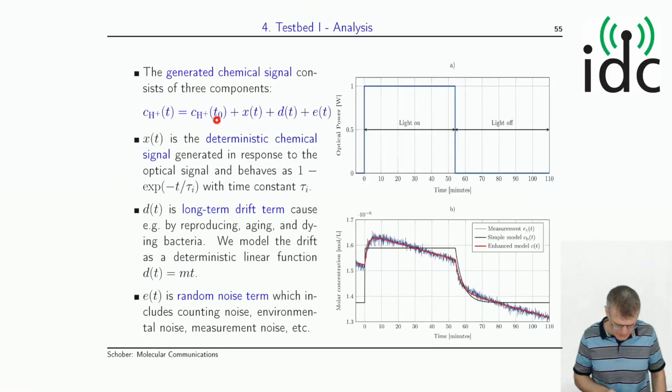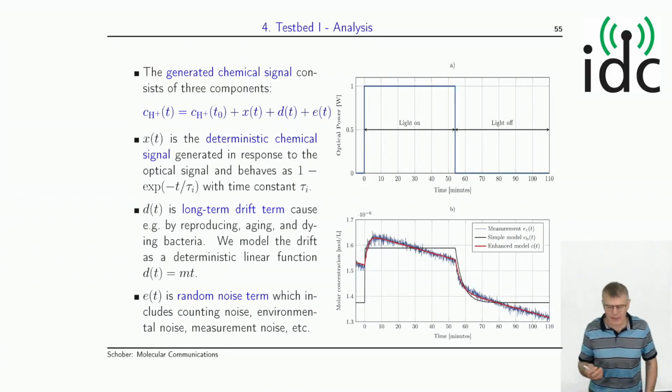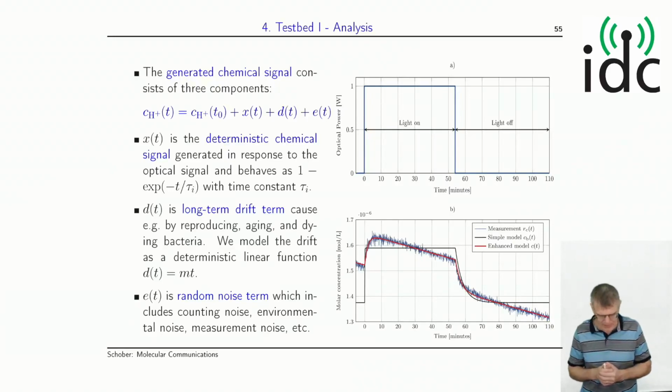The first one is just the reference concentration at time 0, for example, at the beginning of a symbol interval. X of t is a deterministic signal due to the illumination, so this is our useful signal that we send. dt is a drift term, and E is a noise term. The last 2 terms are due to the properties of the bacteria, so they are impairments.